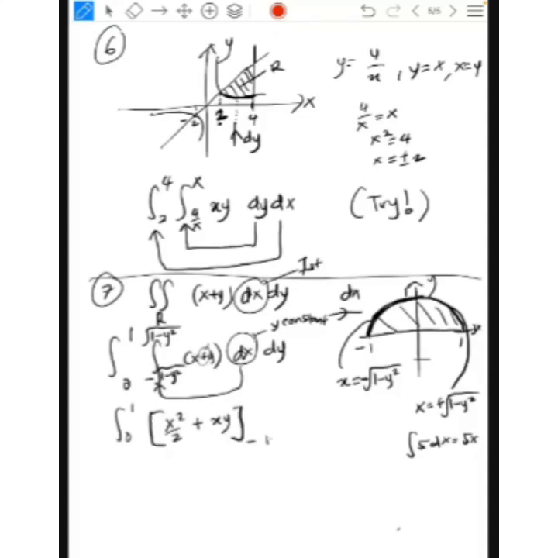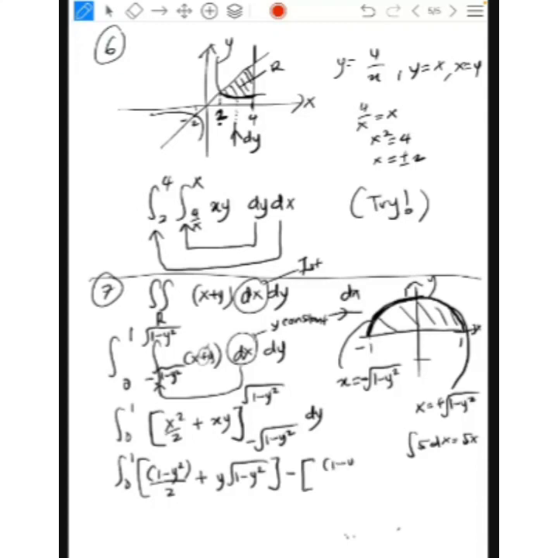So negative square root of 1 minus y squared until square root of 1 minus y squared. The dy is still there. Okay, so you can substitute the value into x. So here, for the power of 2, the 1 and 2 disappear: y squared over 2 plus y square root of 1 minus y squared, minus, okay, there is still another one at the back, negative square root of 1 minus y squared, negative will be positive also.